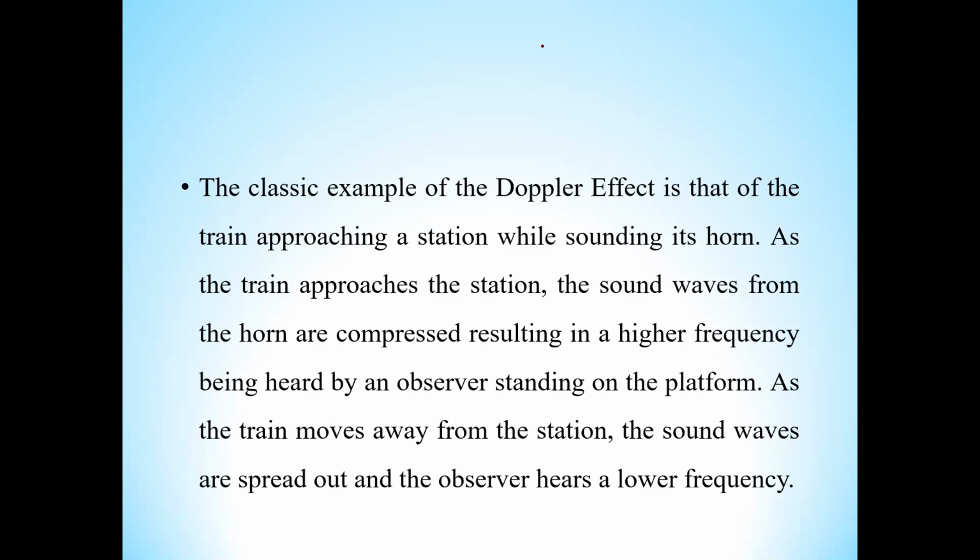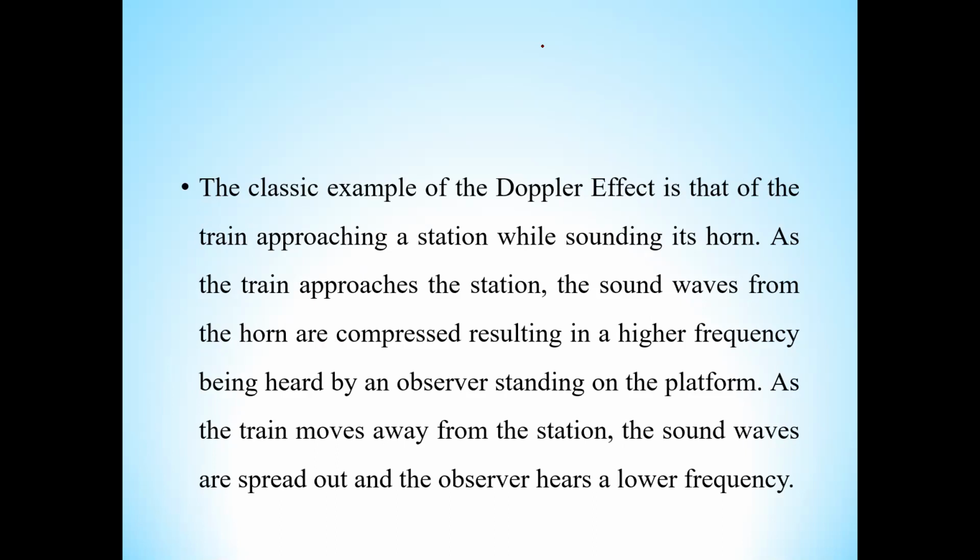The classic example of the Doppler effect is that of a train approaching a station while sounding its horn. As the train approaches the station, the sound waves from the horn are compressed, resulting in a higher frequency being heard by an observer standing on the platform.